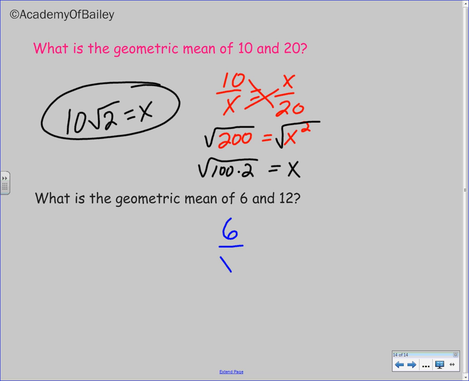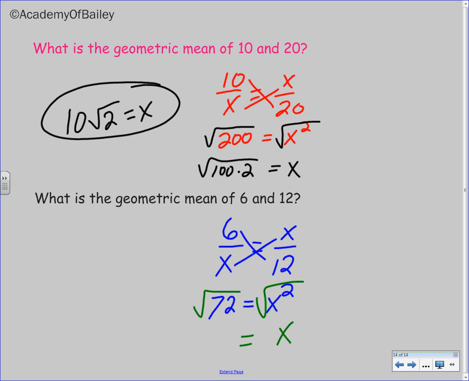And we have 6 over x is equal to x over 12. Cross multiply. 6 times 12 is 72. X times x is x squared. We're going to take the square root of both sides, leaving us with x is equal to the square root of 36 times 2.